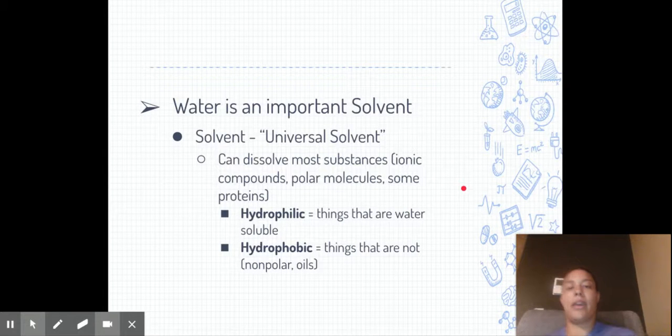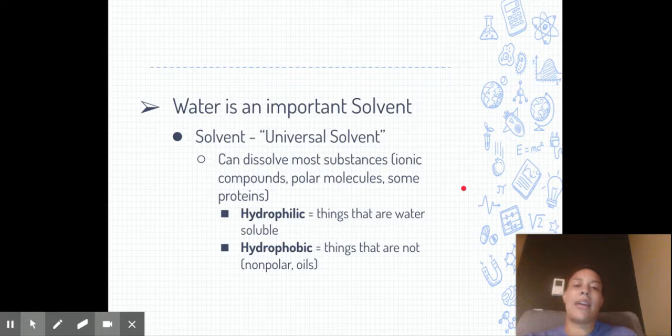Okay, and then this final component has to deal with the fact that water is a really important solvent. Solvent meaning it's a dissolver, or sometimes it's known as a universal solvent. But things that are polar, things that are ions, those are going to interact with water nicely, and they'll dissolve.